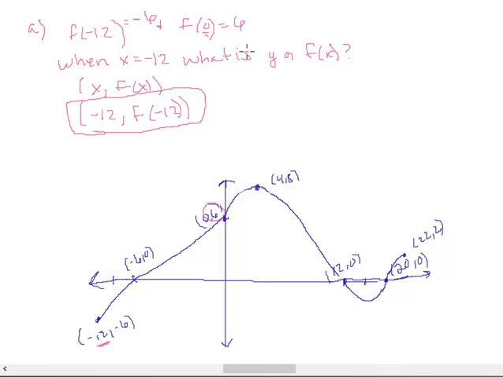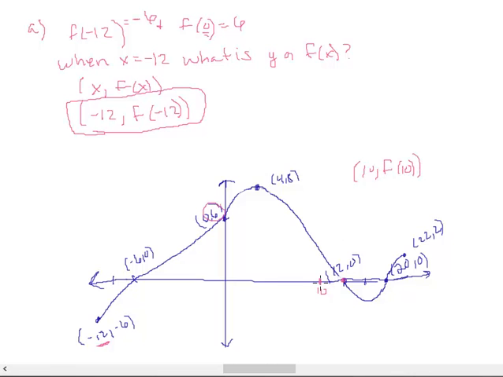Okay, let's take a look at letter B. Is f of 10 positive or negative? Okay, so f of 10. I want to identify when x equals 10. Well, let's see, this point is 12, 0. So 10 on the x-axis must come before that. So f of 10 would be the y value of the ordered pair when x is 10.